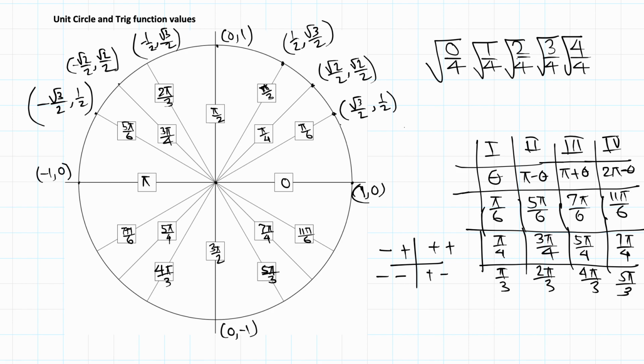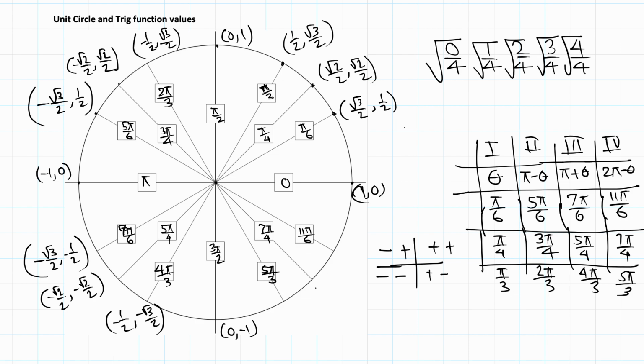Now go to the opposite side here, third quadrant, that's both negative. So straight down here, 7 pi over 6, that's negative root 3 over 2, negative 1/2. Okay, now you know how to fill this completely, right? This one is negative root 2 over 2, negative root 2 over 2. And this one is negative 1/2, negative root 3 over 2. Okay, this is 7 pi over 6.